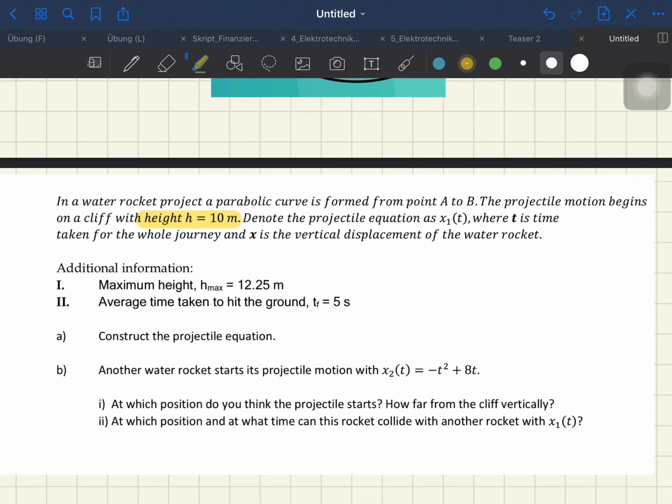We have to denote the projectile equation, which is this one, as x(t), where t is the time taken for the whole journey, and x is the vertical displacement of the water rocket.